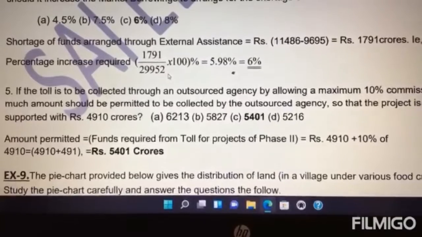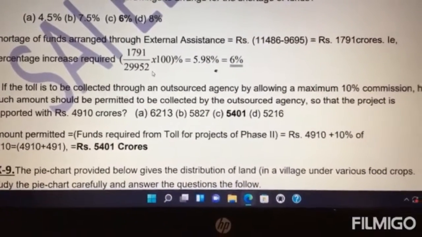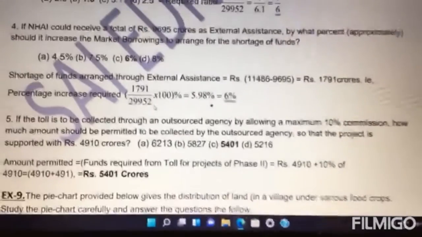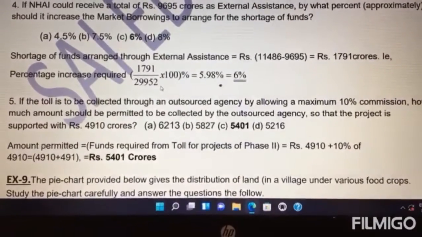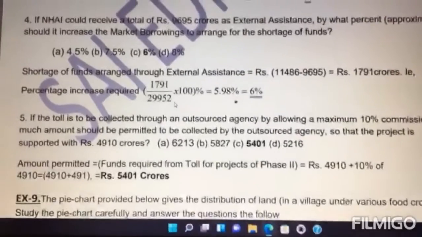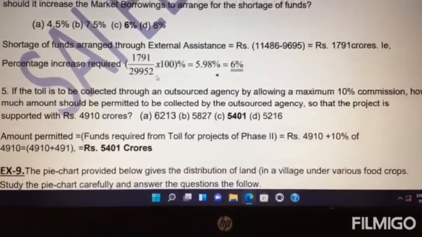If the toll is to be collected through an outsourced agency by allowing a maximum of 10% commission, how much amount should be permitted to be collected by the outsourced agency so that the project is supported with rupees 4,910 crores?